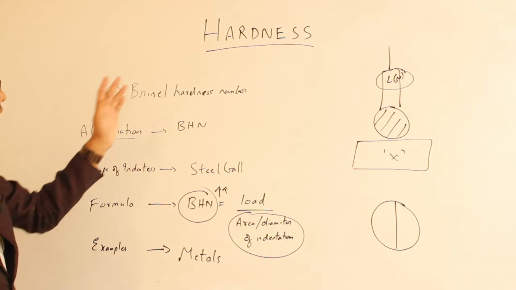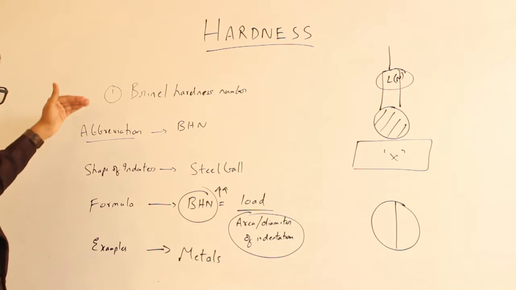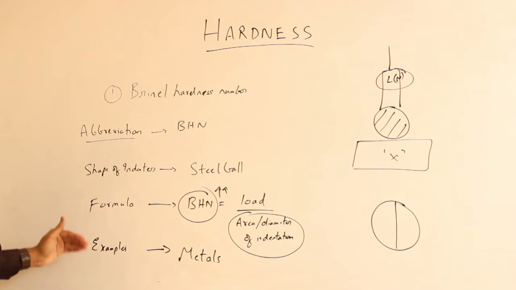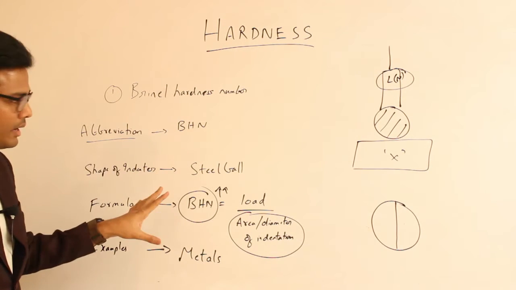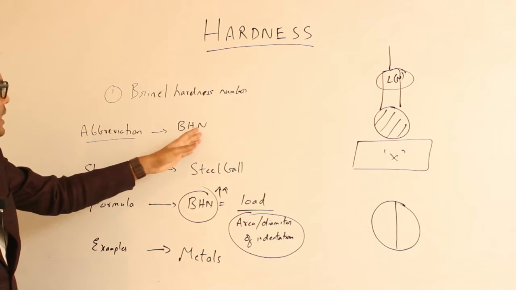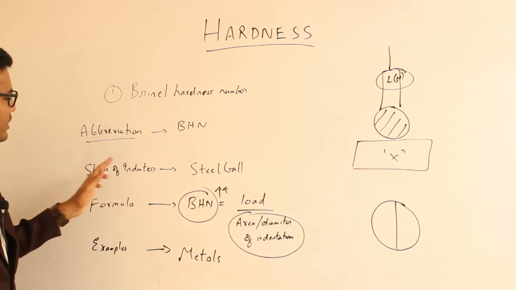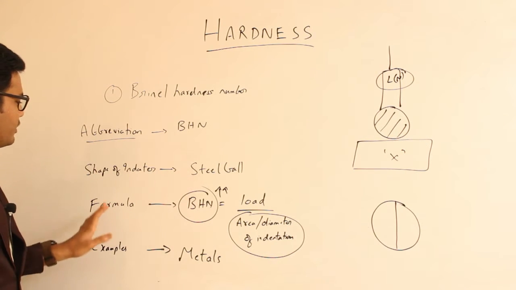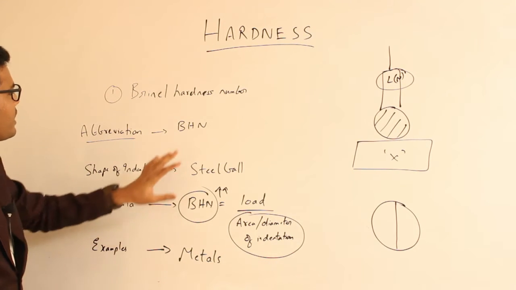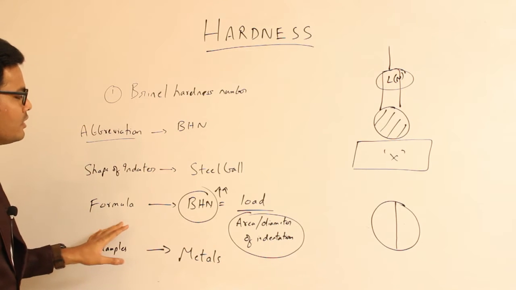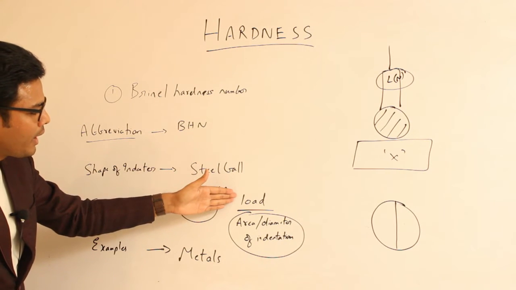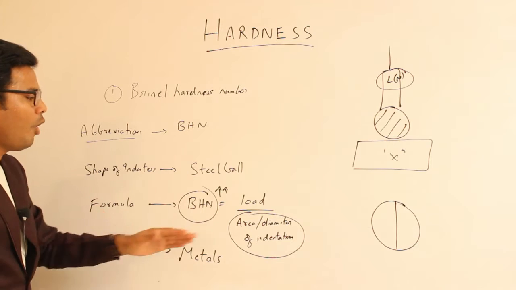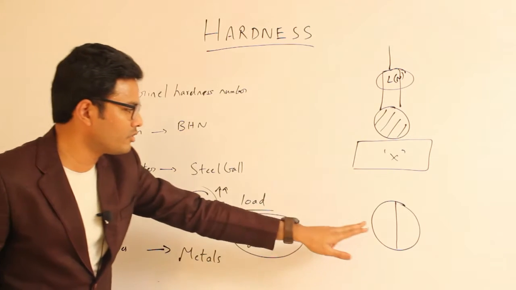While discussing other hardness tests, let's discuss them in the same format. So Brinell hardness number, to summarize, is represented as BHN. The shape of the indenter which is being used here is a steel ball, and the formula which we use in order to calculate the Brinell hardness number is the amount of load applied divided by the area or the diameter of the indentation.